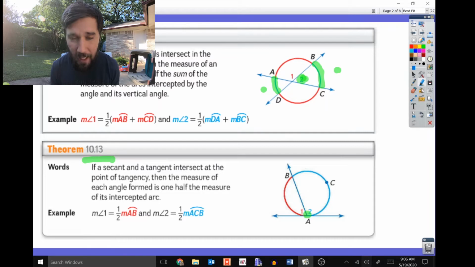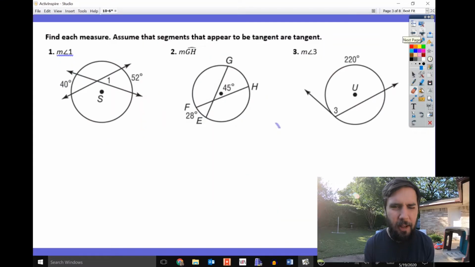Angle 1 would be 1/2 the measure of arc BA, and angle 2 would be 1/2 the measure of its intercepted arc, arc BCA. Pretty simple there. So let's use these theorems to work through these 3 examples, and hopefully you can get some activity questions to work on too.